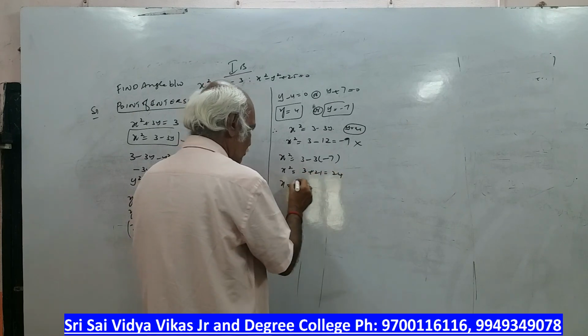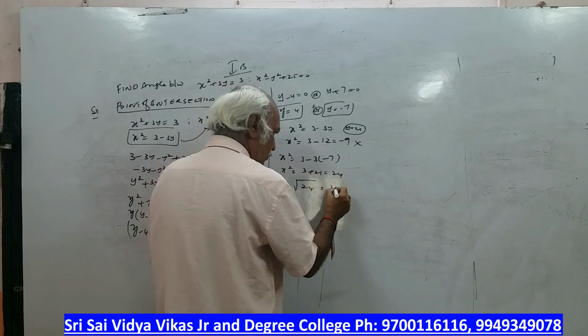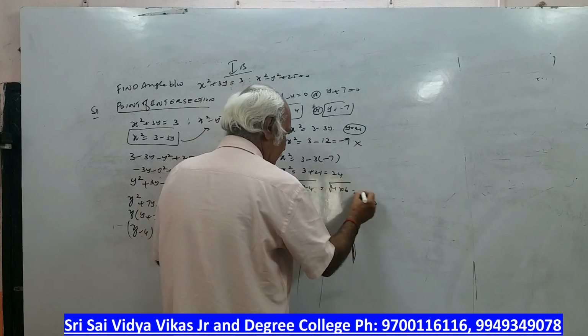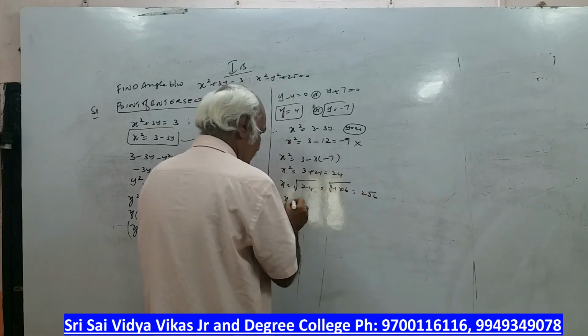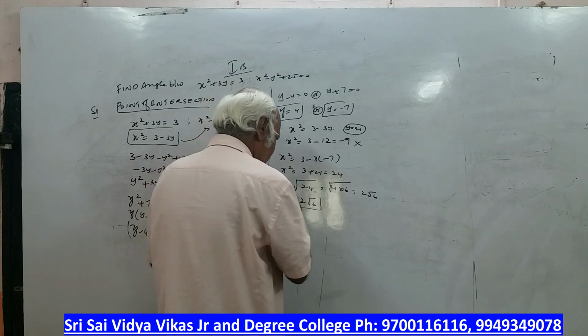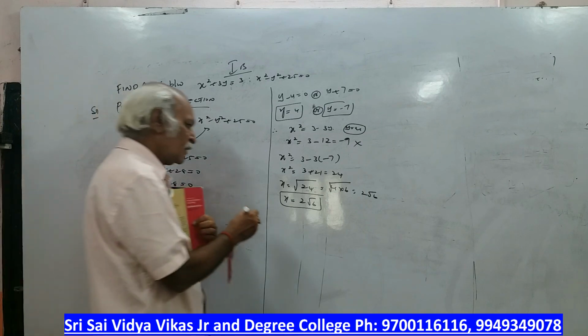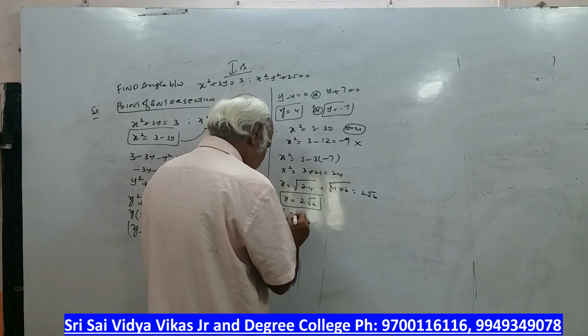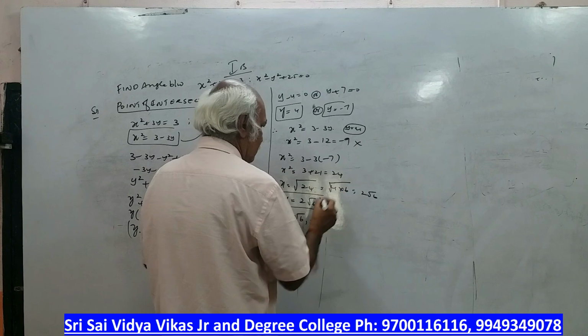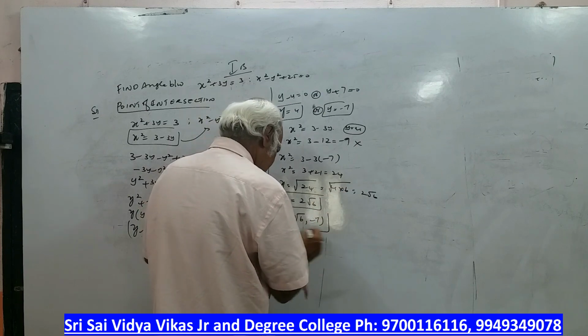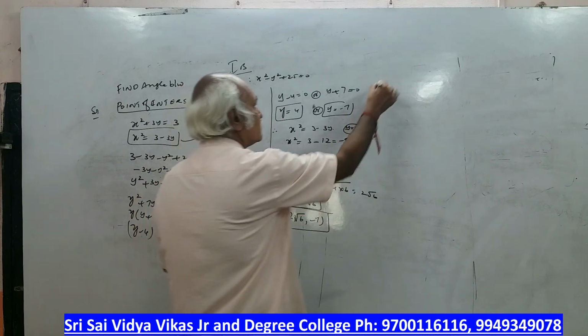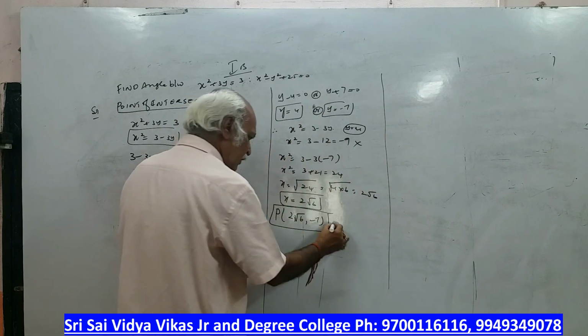So x is equal to root of 24, which is 4 into 6, 2 root 6. So what is the point of intersection? 2 root 6 comma minus 7. Now, the point of intersection we got.